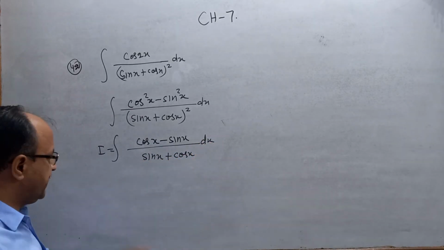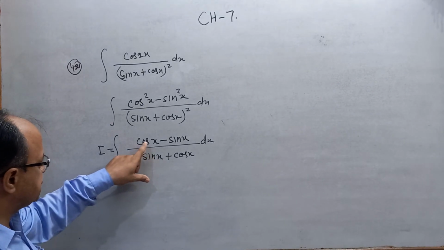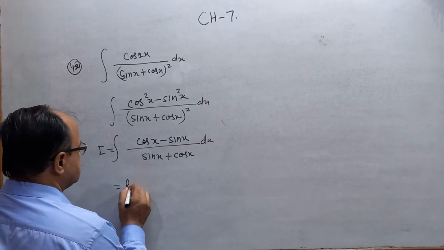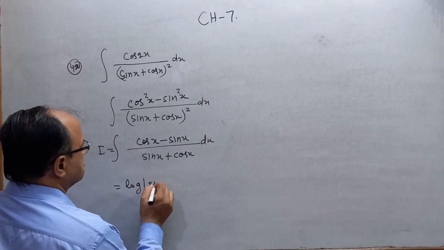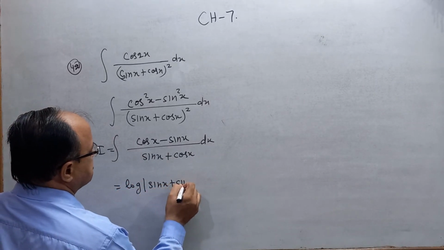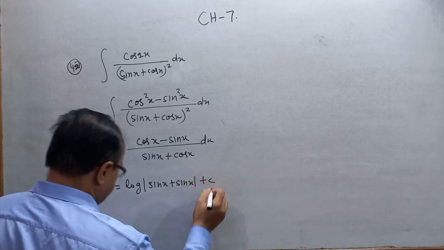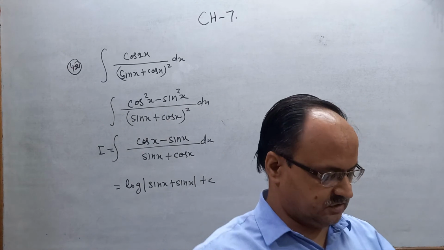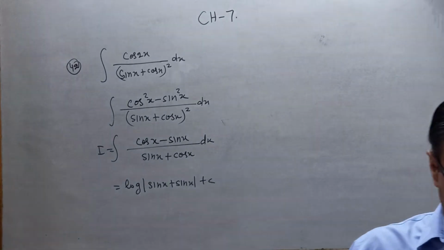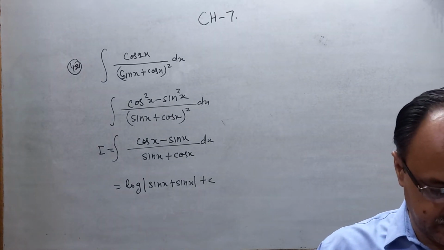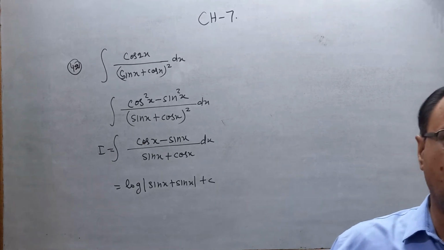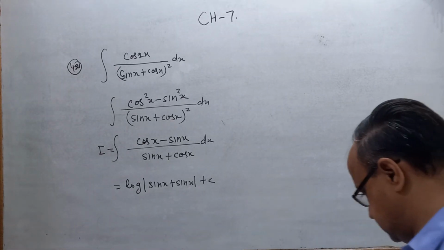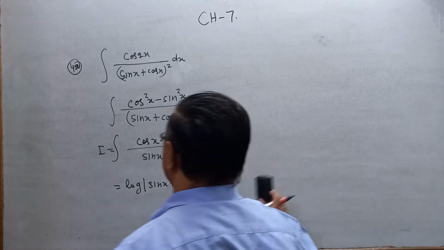And you know that the derivative of sin x is cos x and the derivative of cos x is minus sin x. So the answer of this question is log of sin x plus cos x plus c. This is a direct answer: if the derivative of the denominator is present in the numerator, then directly you can write log of f of x. Clear? This is question number 42.